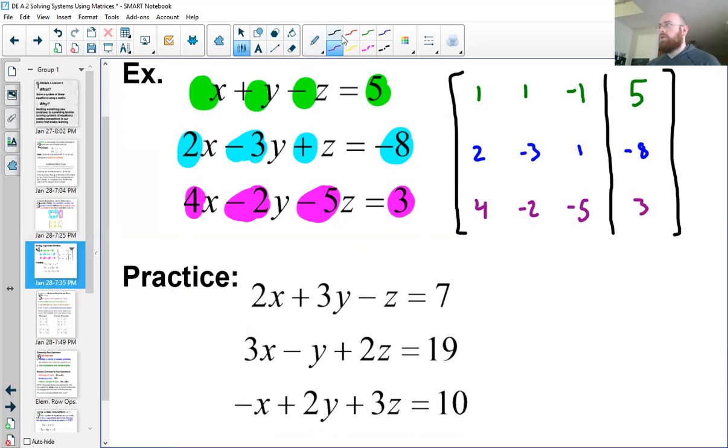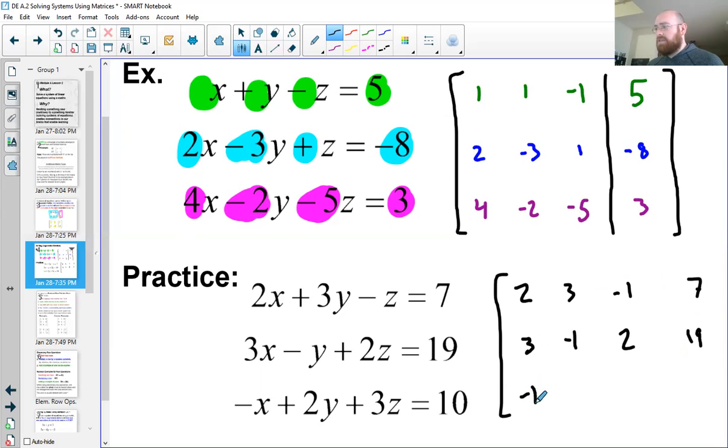Okay. So all in one color this time. I have my bracket. The coefficients from the first equation are 2, 3, -1. I'm going to leave a little extra space to draw the line in and write the 7. Then from the second equation, we have 3, -1, +2, a little bit of space, 19.